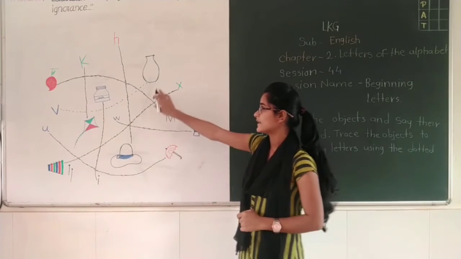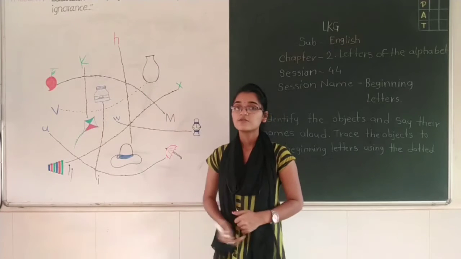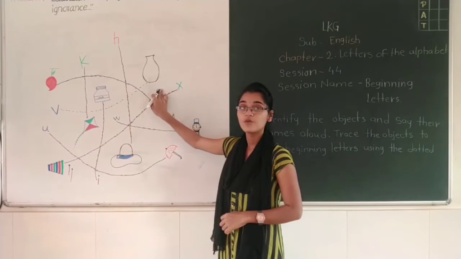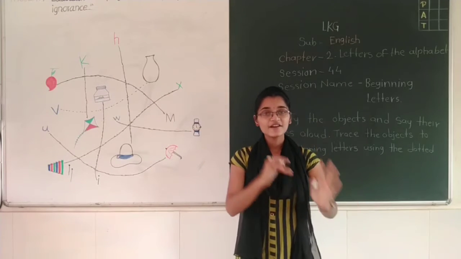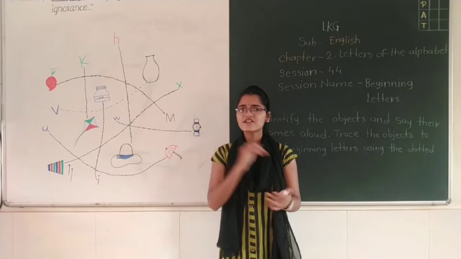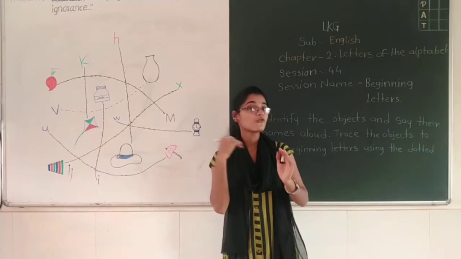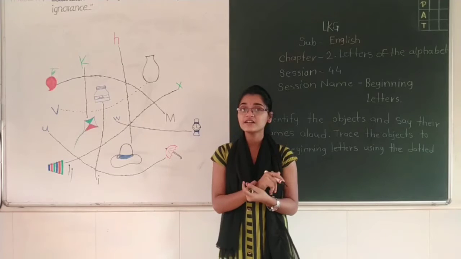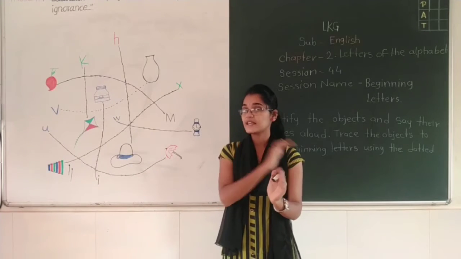Okay. Then next is the picture of a vase. Which picture is this? Vase. Okay. Now tell me, the spelling of vase starts from which letter? You have already learned, right? Letter V, right? Yes.